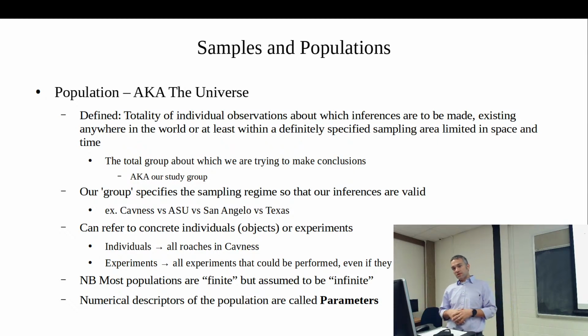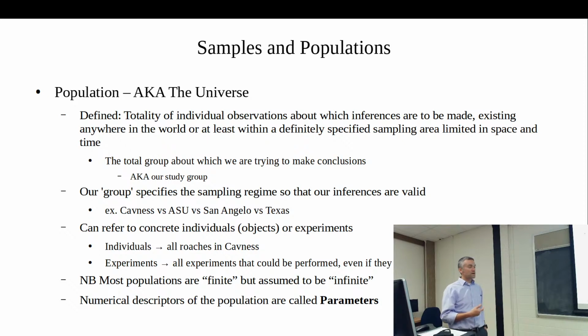It's just going to be the totality of all of our observations that we could make, and we can define it to represent only those items in a single room, or a building, or a town, or a state, and so forth. So we can define what our population is. It is this group that we're trying to make conclusions about.